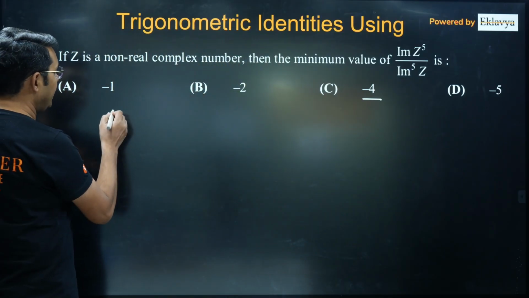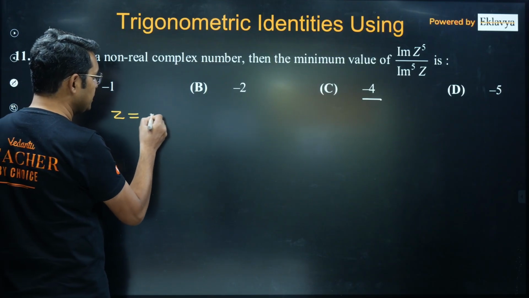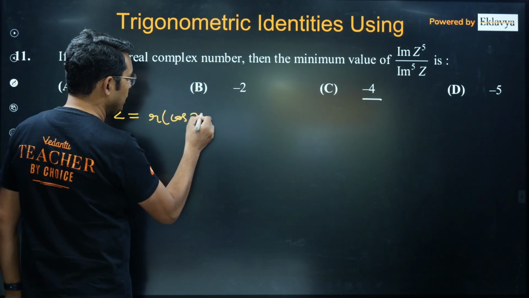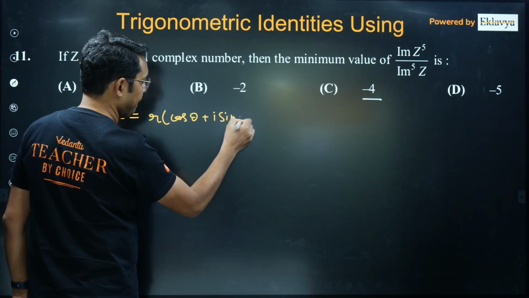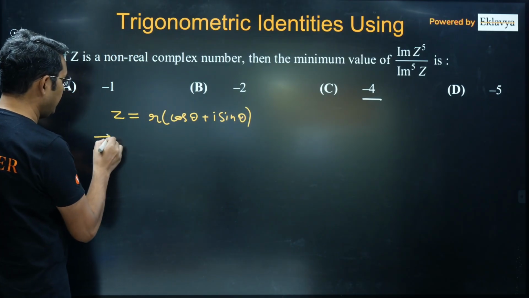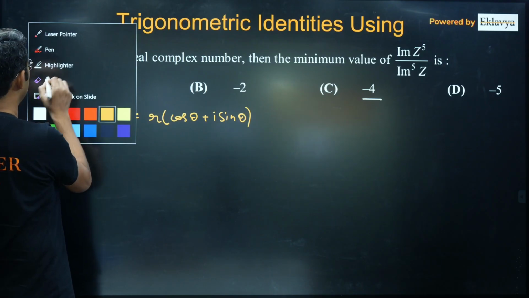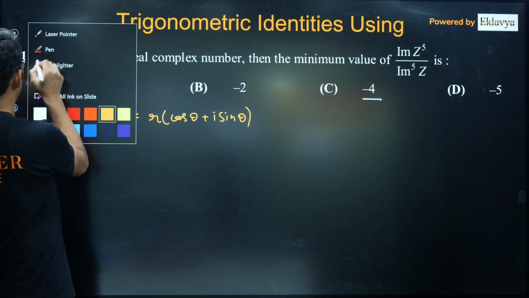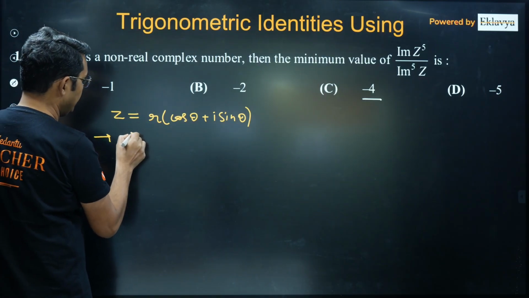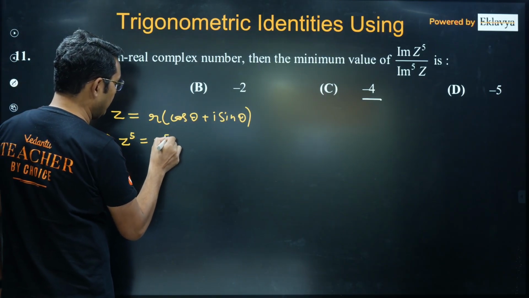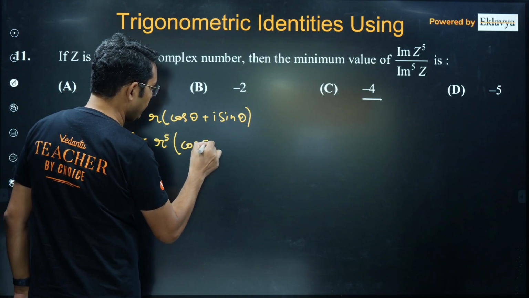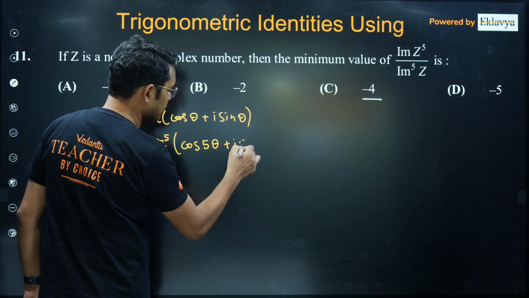So without loss of any generality, we can take Z as R into cos theta plus iota sin theta. In that case Z raised to the power 5 will become R power 5 into cos 5 theta plus iota sin 5 theta.